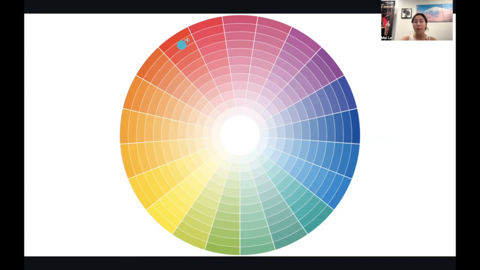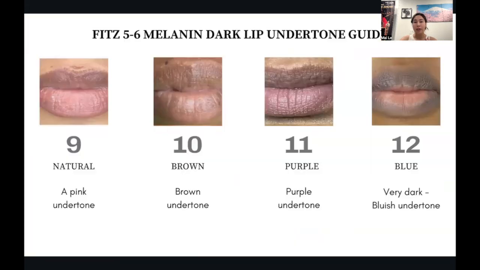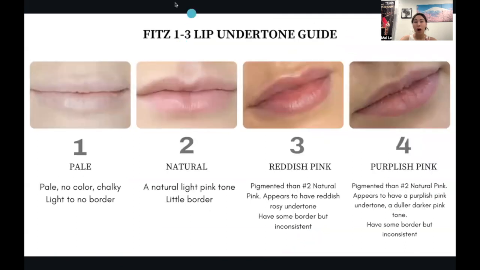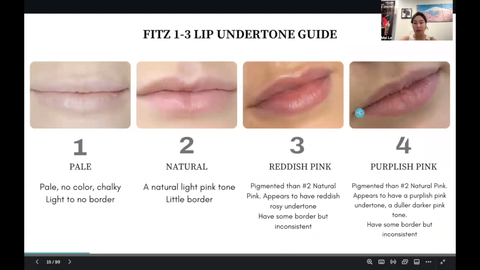Now, if you were to apply this color on Fitzpatrick 1, 2, 3, any of these, it will guarantee to look very orangey because they don't have the melanin under.